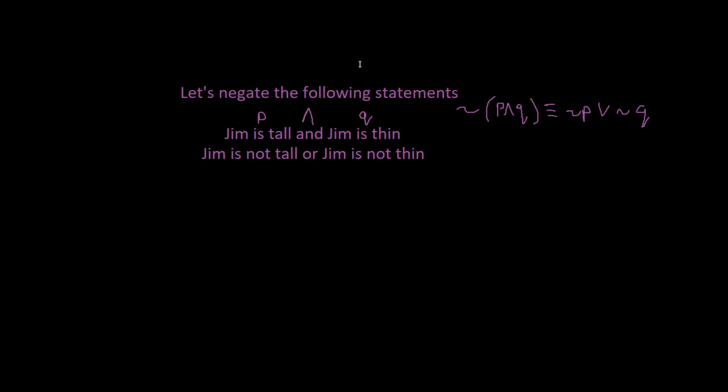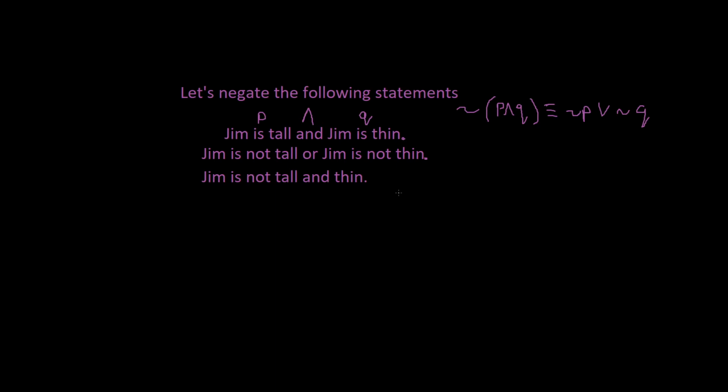This could sound a little confusing in English, right? Jim is not tall or Jim is not thin. So we're going to have to rephrase this. So we're going to have it say Jim is not tall and thin, period. And these should have periods too. And so now we figure it out. That's the end of it.